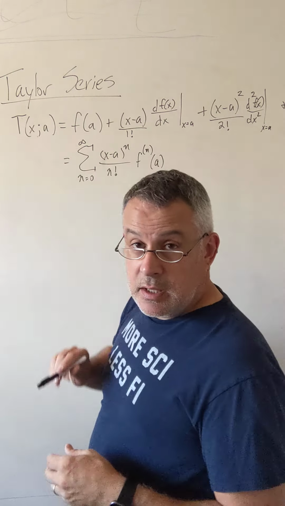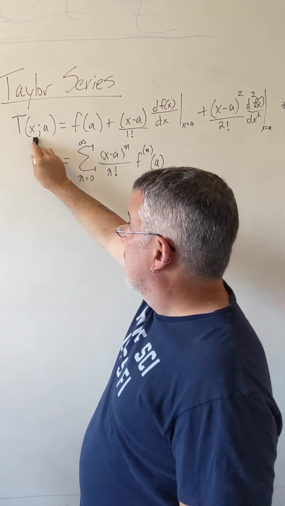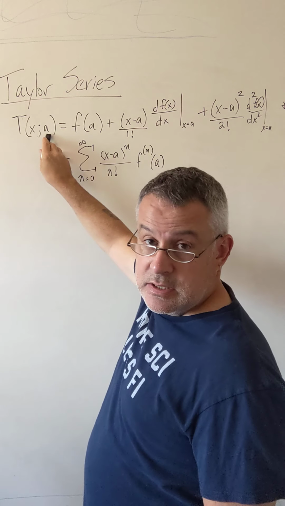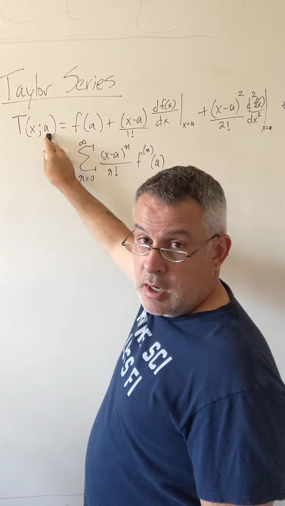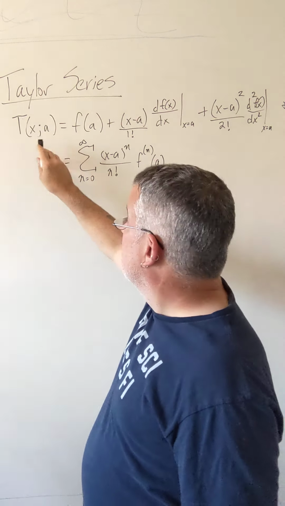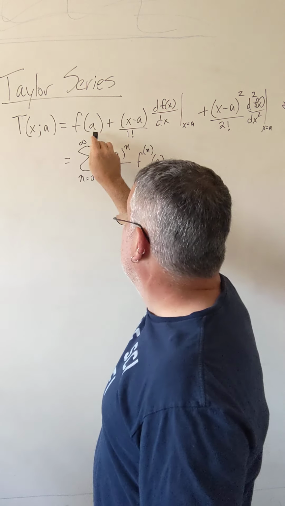Okay, so like we said in the last video, the Taylor series notationally is a function of x, but it also depends on a parameter a, which is like a value that x could take. It's an expansion in the neighborhood of a. The first term is just the function that we want to approximate, evaluated at a.